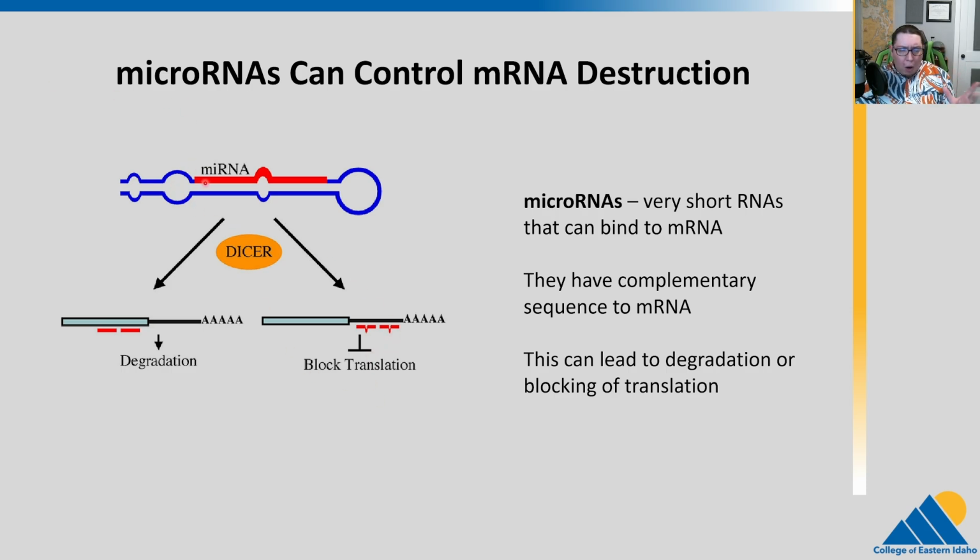When the microRNA piece binds to the mRNA, there's two different things that could happen. In one instance, it might bind and lead to degradation of the mRNA. That degradation is going to destroy the mRNA, preventing it from becoming protein. In the other example, the microRNA might bind to the mRNA and block translation.